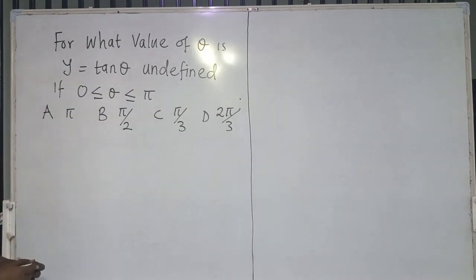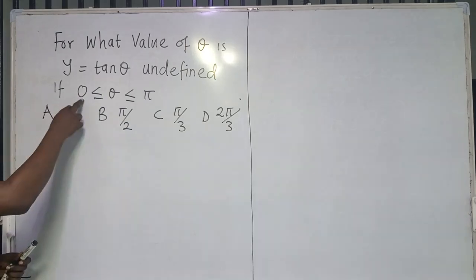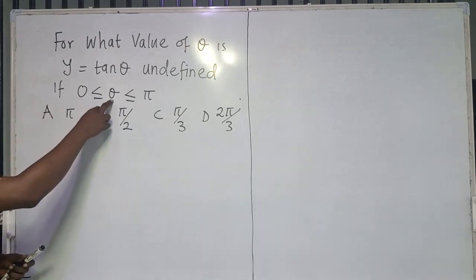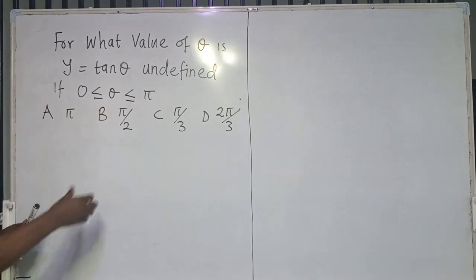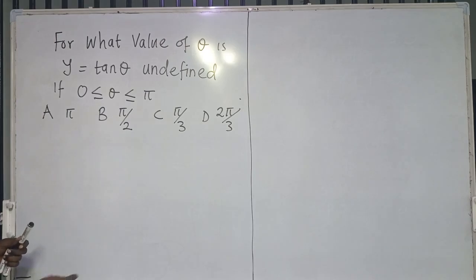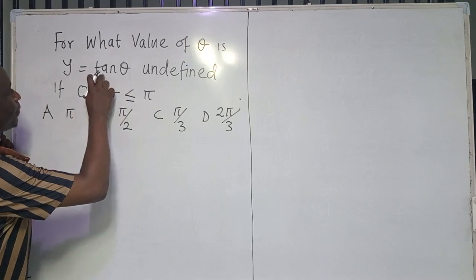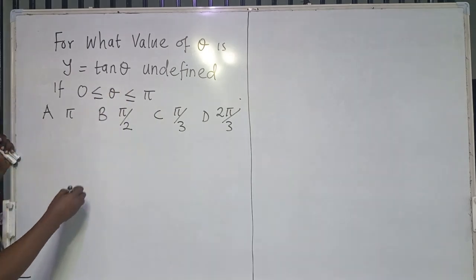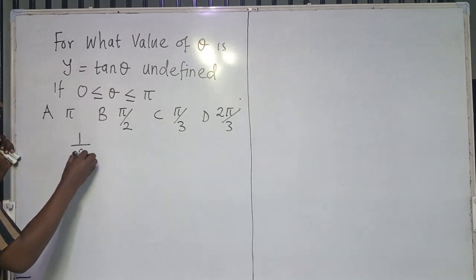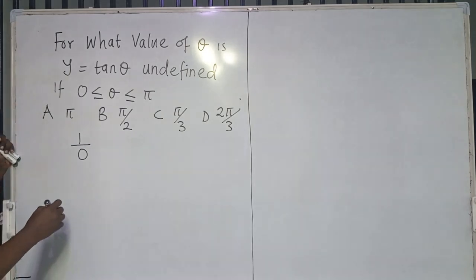Now we want to solve this one. For what value of theta is y equal to tan theta undefined, if 0 is less than or equal to theta less than or equal to pi? That means the interval is within 0 to 180. For a particular angle to be undefined, it must be 1 over 0.